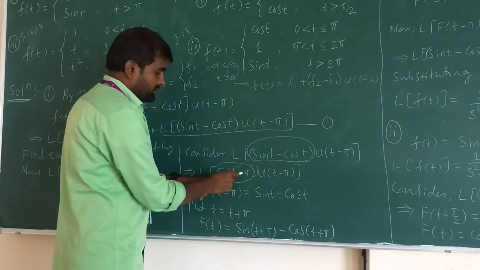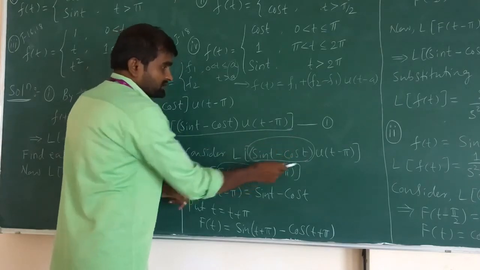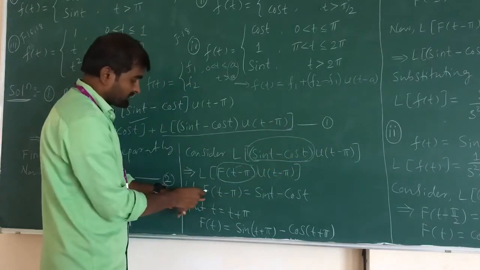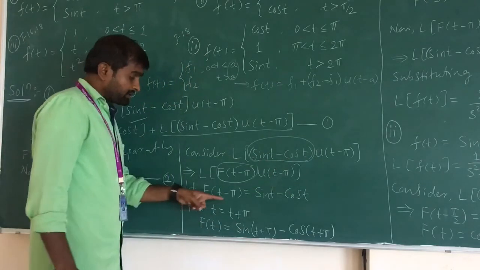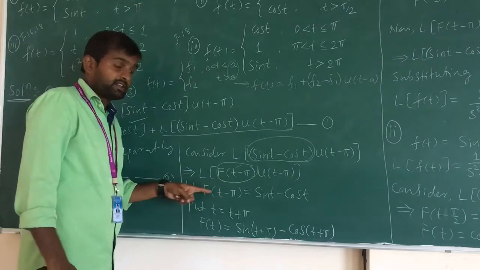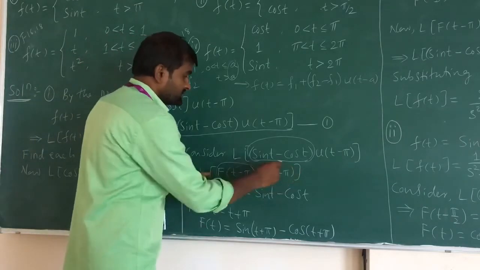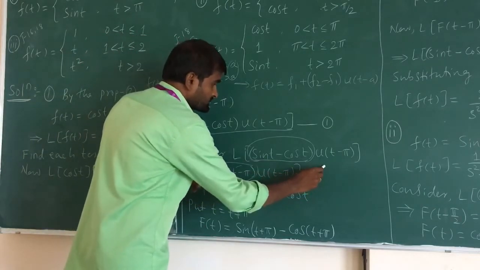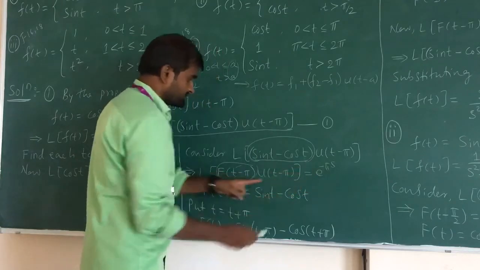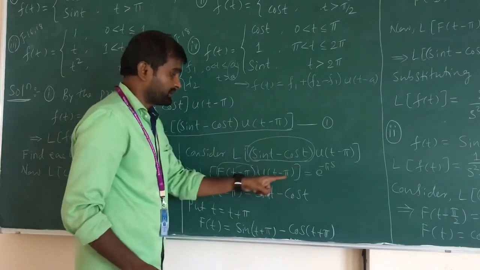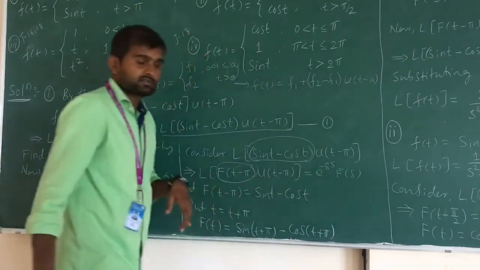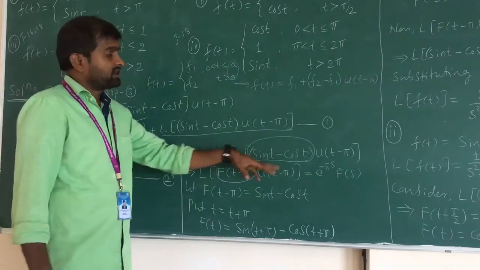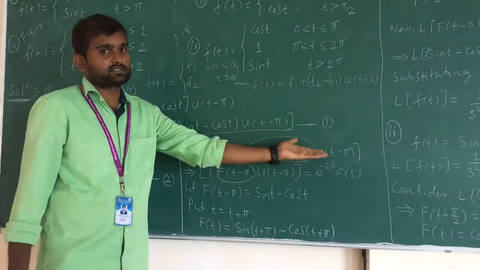Capital F of t minus pi is this. This is equivalent: capital F of t minus pi is sin t minus cos t. So we need f of t. This is equivalent to e raised to minus pi s into the conjugate f of s. This is already capital F; I am taking the conjugate f of s.